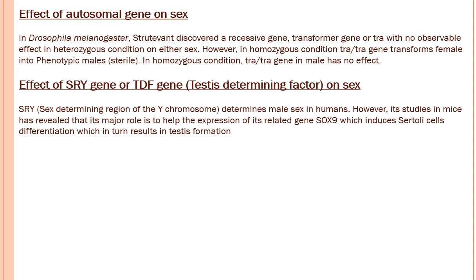Reduced or delayed SRY expression impairs testis development. Moreover, deletion or mutation of the SRY gene gives rise to XY females with gonadal dysgenesis, who appear to be normal females at birth, but at puberty neither do they menstruate nor develop secondary sexual characteristics. They have fibrous gonads without eggs.